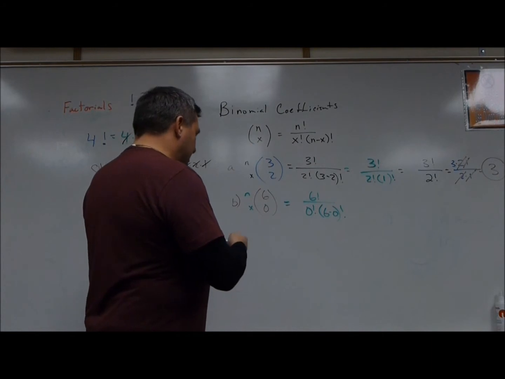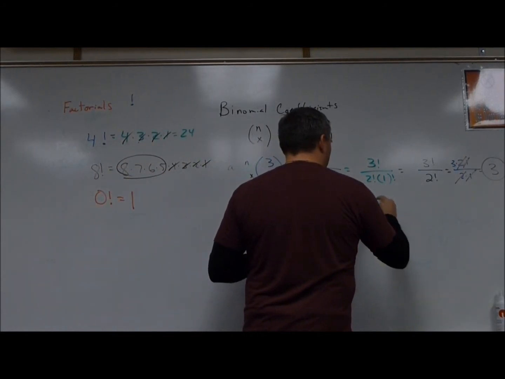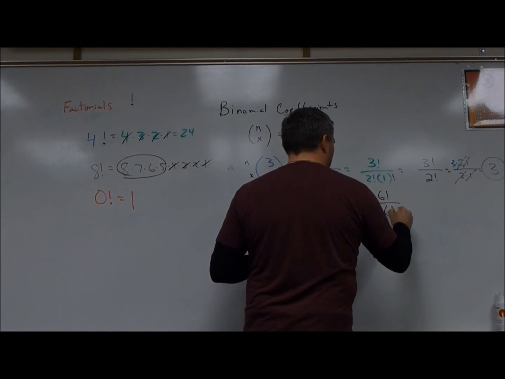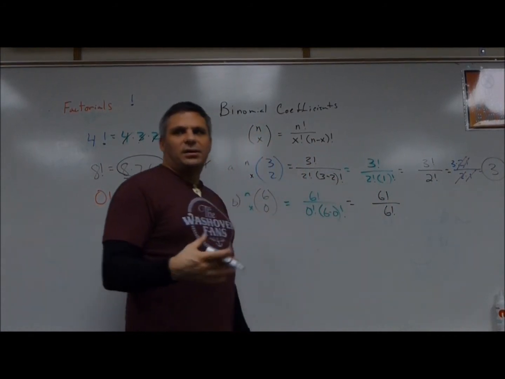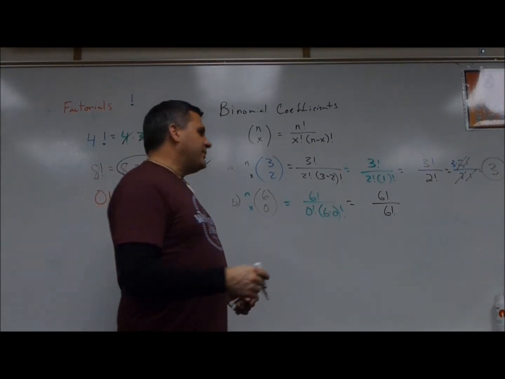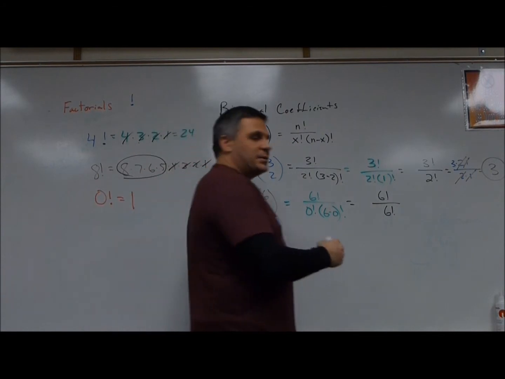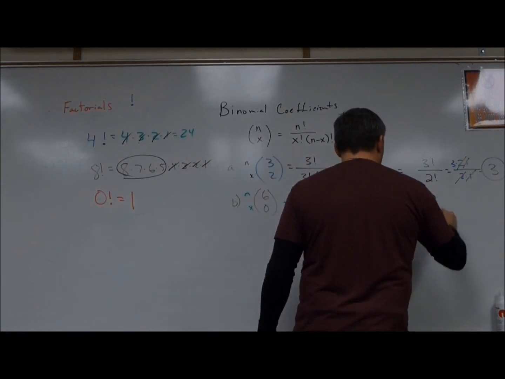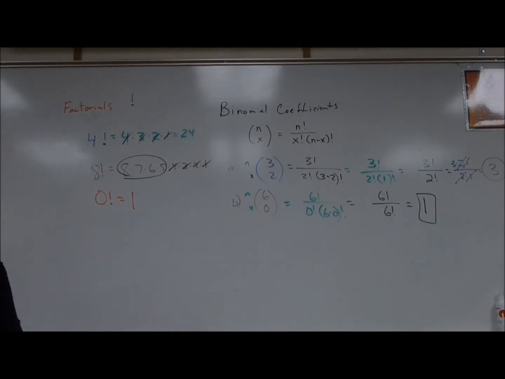What is 6 minus 0? 6. And 0 factorial is just 1, and 1 times anything is itself. So right there you've got 6 factorial over 6 factorial, which equals 1. Easy cheesy.